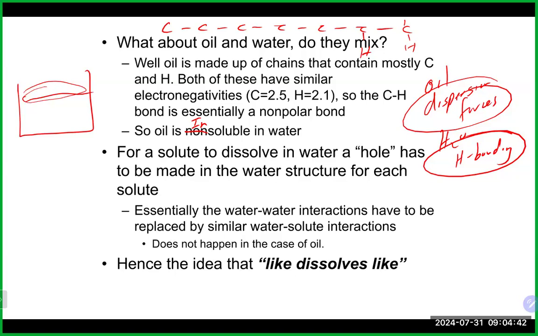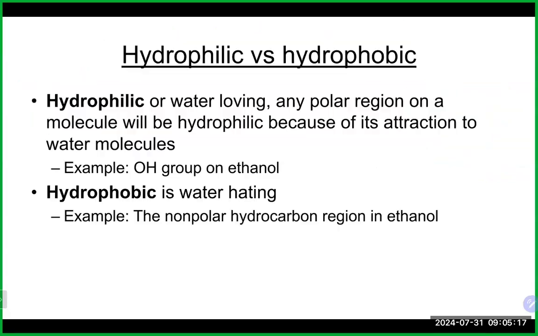For anything to dissolve in water, you have to replace water-water interactions with similar types of interactions from whatever you're trying to dissolve. For water, you need something that can do hydrogen bonding and is not too large a molecule to fit in with all the other water molecules. That is the idea that like dissolves like, and with oil, that definitely doesn't happen.